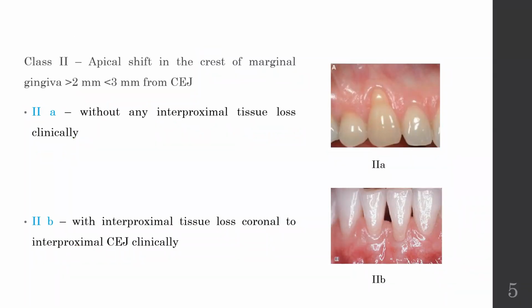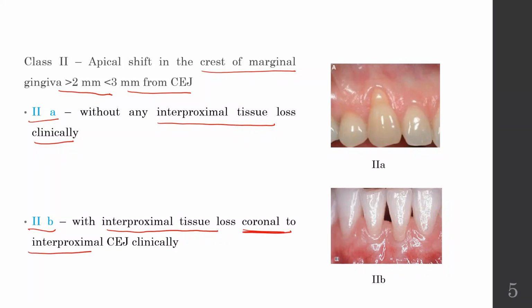Next we move on to the class 2. Now again here the crest of marginal gingiva lies greater than 2 mm but less than 3 mm away from CEJ. Again it has been further subclassified into 2A and 2B. 2A, the interproximal tissue loss is not present clinically, and 2B, interproximal tissue loss is present but it is coronal to the interproximal CEJ clinically.